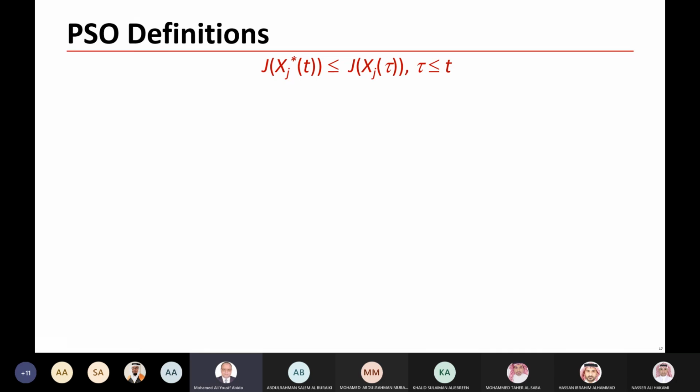Think about it. If the objective of the best position is lower than the objective function of the current position, so what should we do? Should we update? Should we neglect? What should we do here? Any answer?